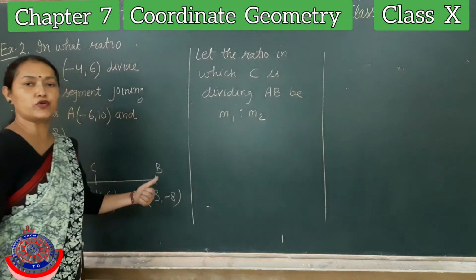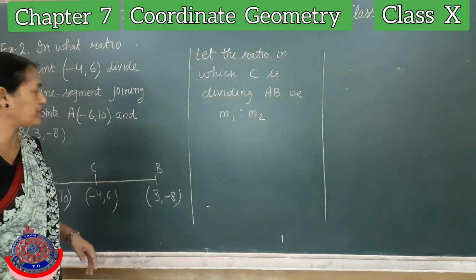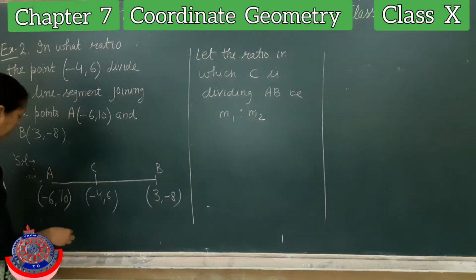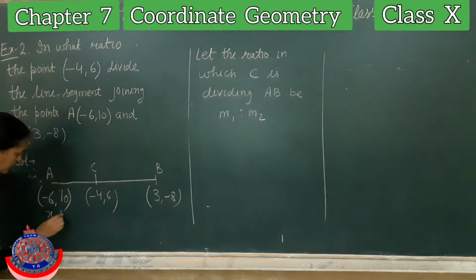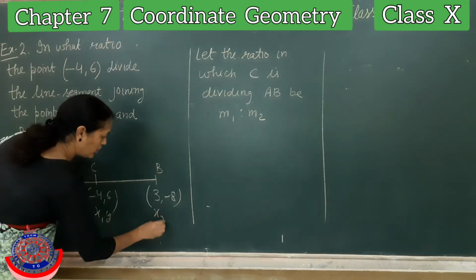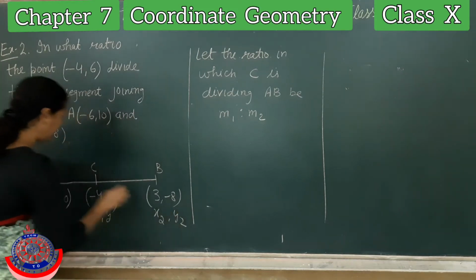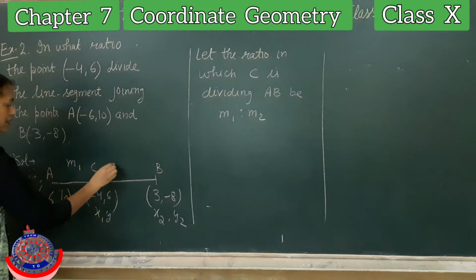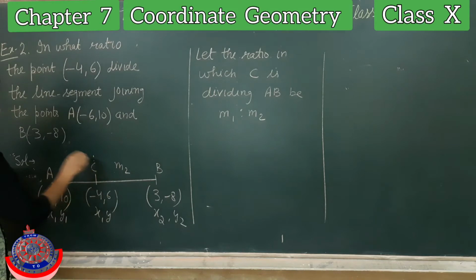We can take this ratio as k:1 also. Answer would be same. So first of all, name the coordinates x1, y1, x, y, x2, y2, and the ratio is M1 is to M2.